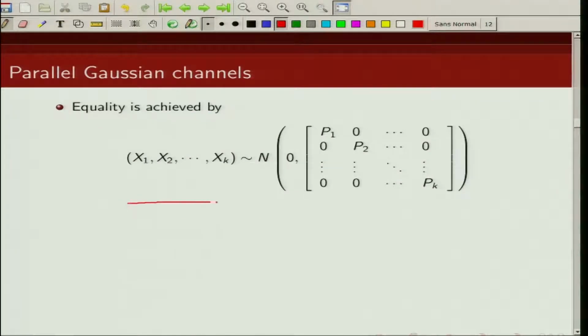The equality is achieved when the input x is Gaussian distributed with mean 0 and covariance matrix given by this. This we already know from a result that we have proved in the lecture on differential entropy.